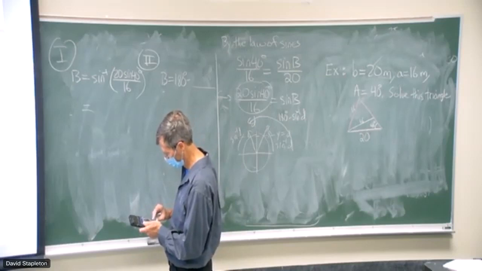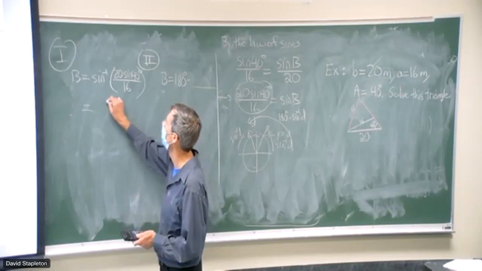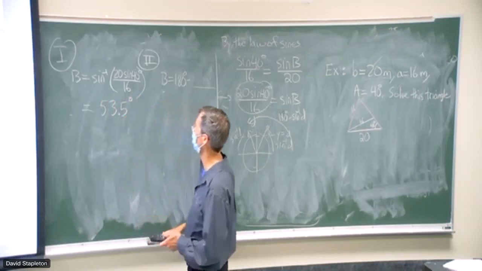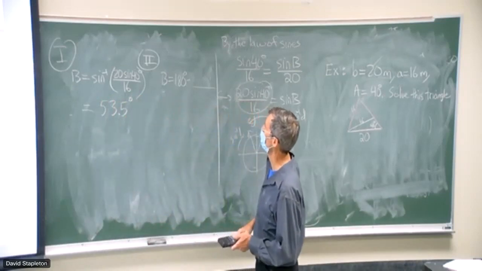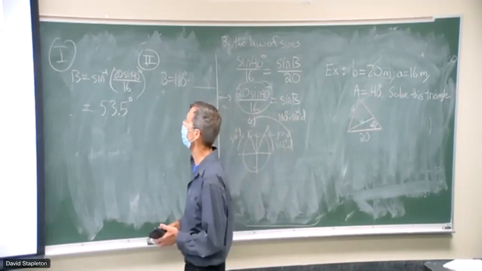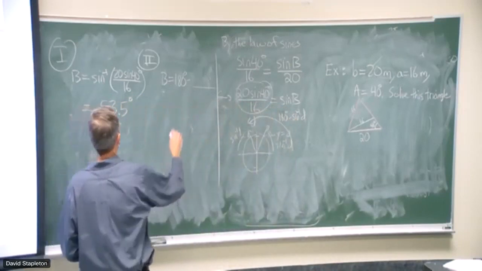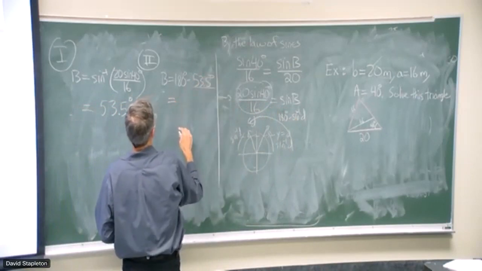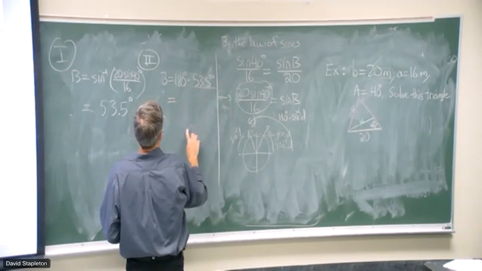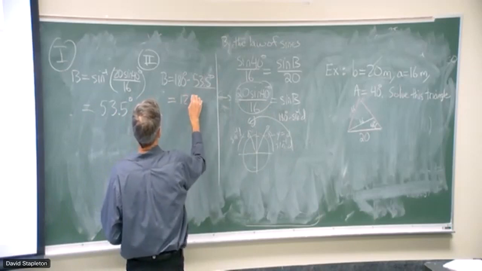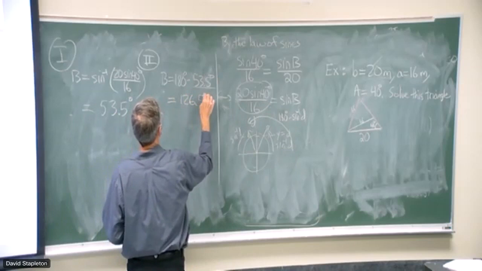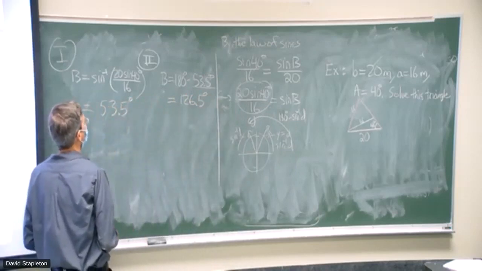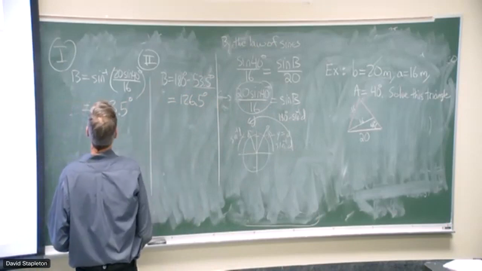All right, 53.5 degrees to one decimal place. And the other one has to be 180 minus 53.5 degrees, which is 126.5. All right, so two different triangles.